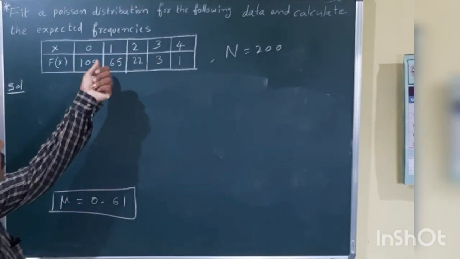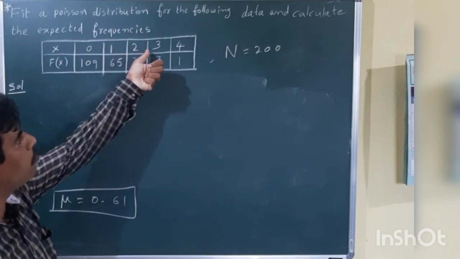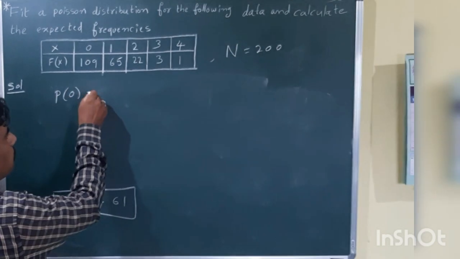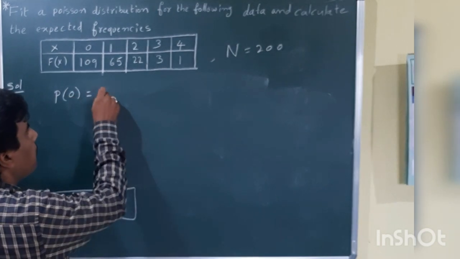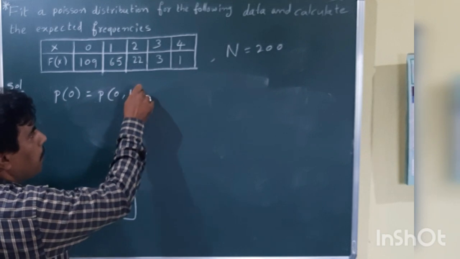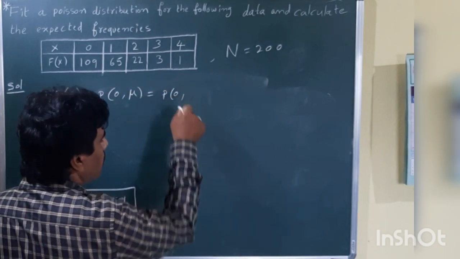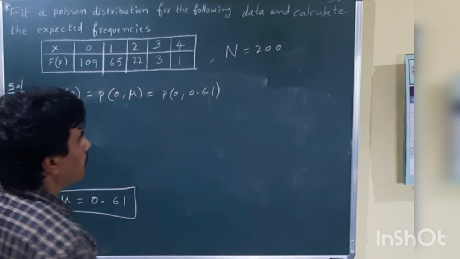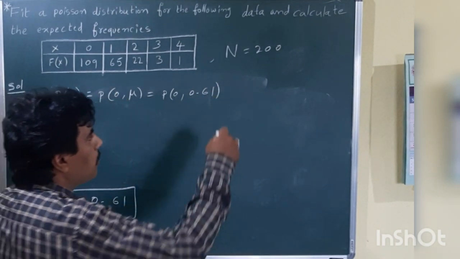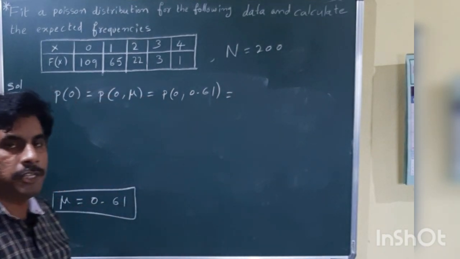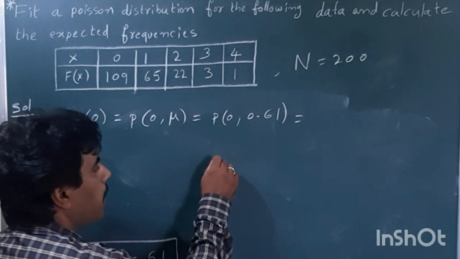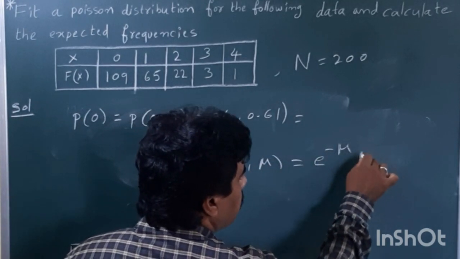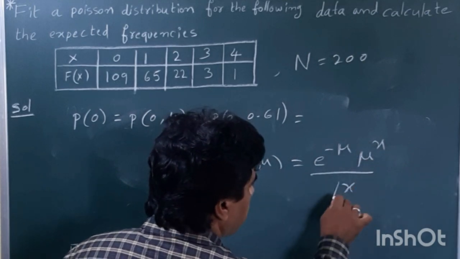Now let us find the probabilities of 0, 1, 2, 3, 4. First let us find p of 0, given by p of 0 comma mu, that is p of 0 comma 0.61. As per the Poisson distribution, probability is given by p of x comma mu is equal to e power of minus mu, mu power of x by x factorial.